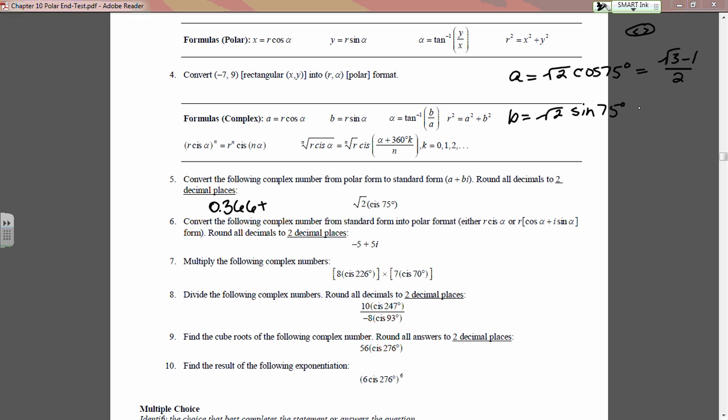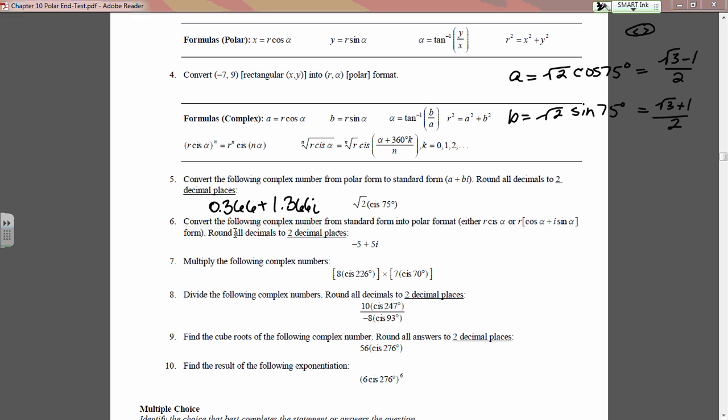Now if you do this, it's going to do the same thing, except it should be plus 1. Yep, square root of 3 plus 1 over 2. Again, hit that button right above enter, and it'll give you 1.366. And then don't forget to put your i on the end, because this is a complex number, so it does need to have an imaginary component to it. Okay?